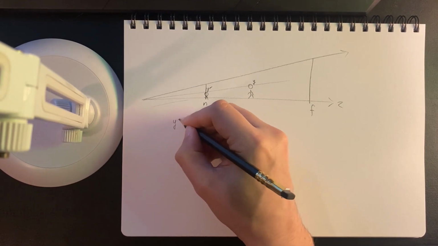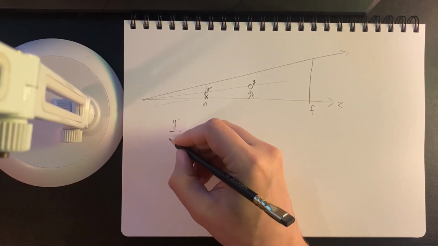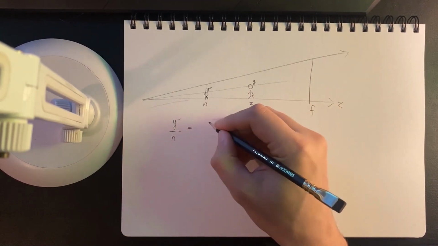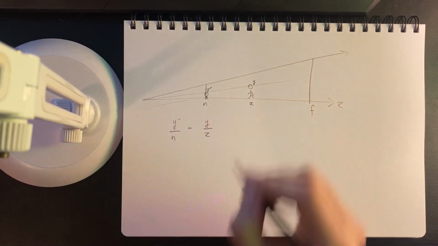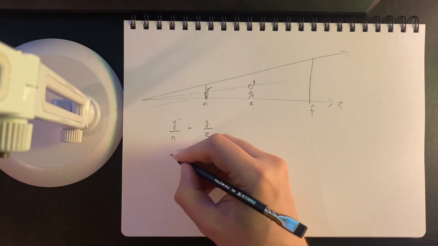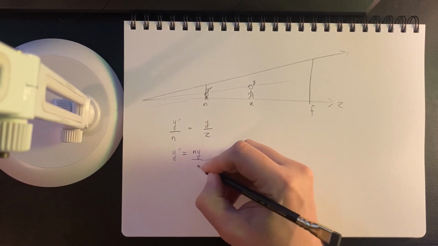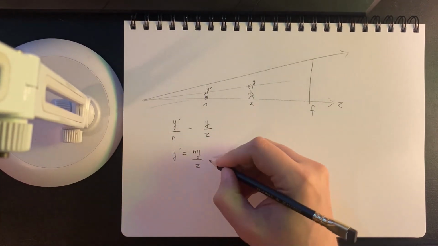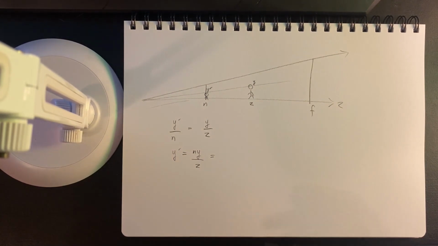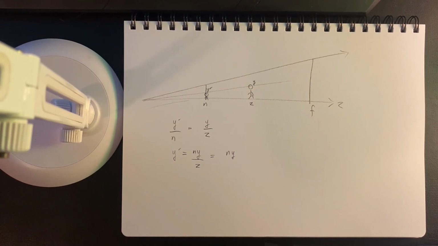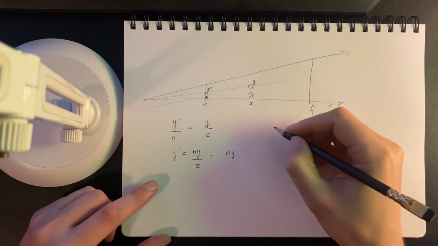So we have Y dash over the near distance, and they're at some distance Z as well, is equal to Y over Z. And so we get that Y dash is equal to near times Y over Z. But then what we'll do for our purposes is we'll take just near times Y, because perspective division, if we correctly store the distance in the W component, will take care of that anyway.